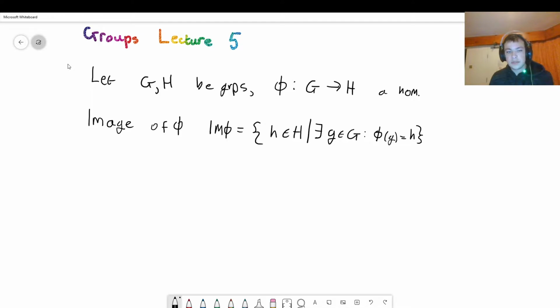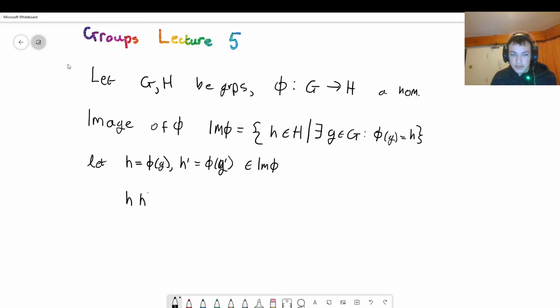Okay, so if we let h equal phi of g and h prime equal phi of g prime, both belonging to the image of phi, then h h prime inverse is phi of g phi of g prime inverse.